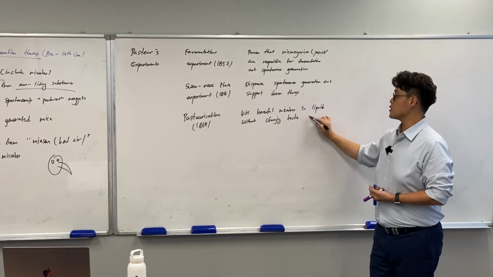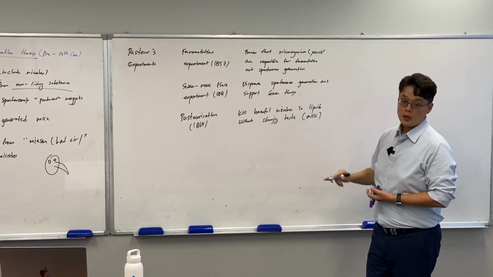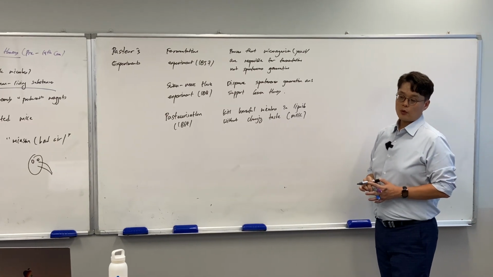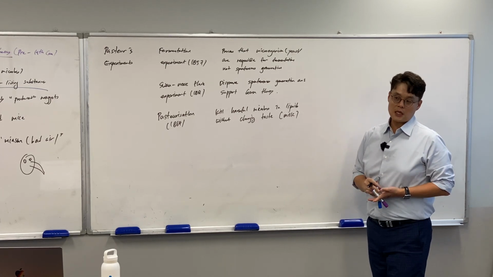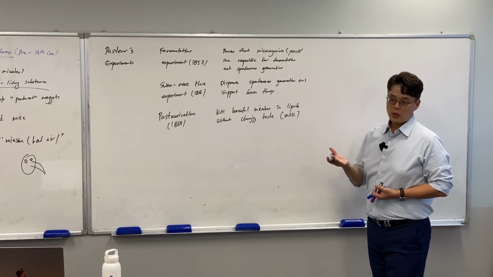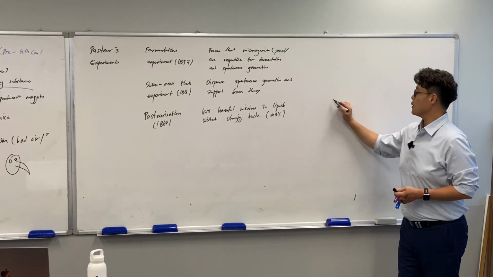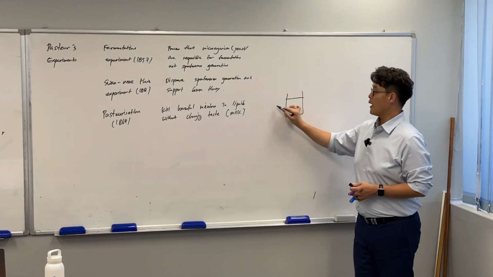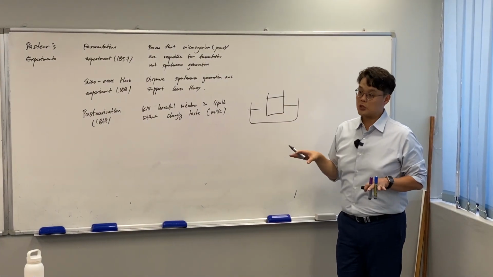This is well used in milk production. Did you guys know that raw milk from the cow we can't really drink because it contains a lot of bacteria and harmful germs? So to deliver milk to your grocery stores, we put the milk in a glass jar and put it into a water bath, but at a low temperature.